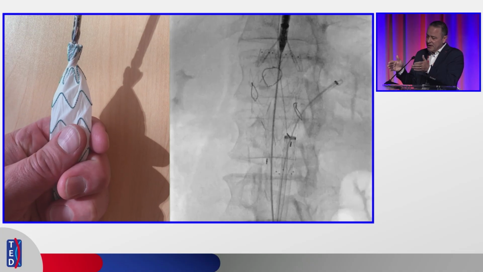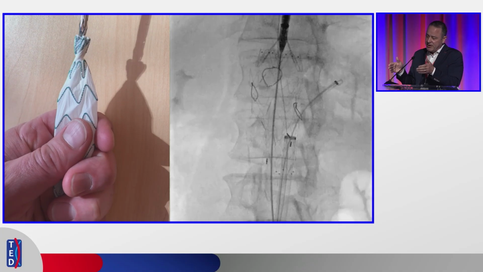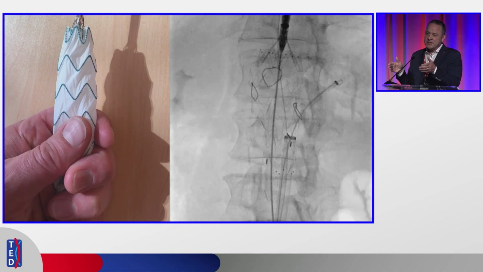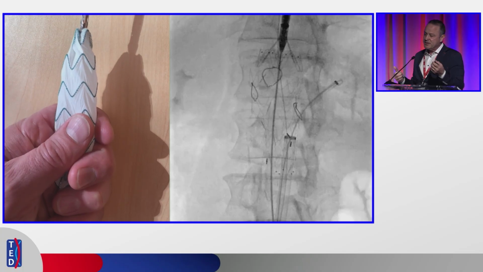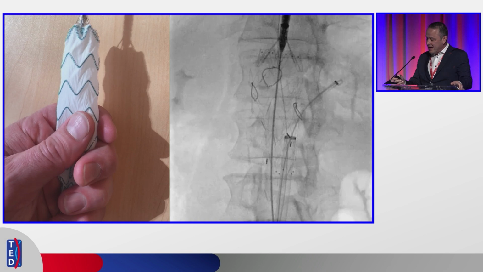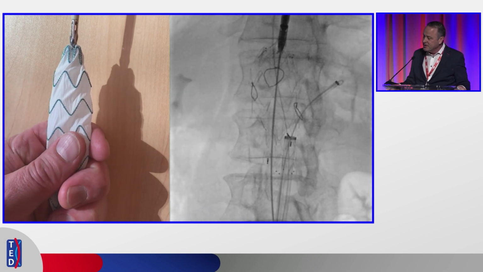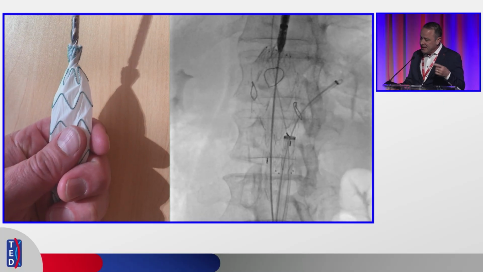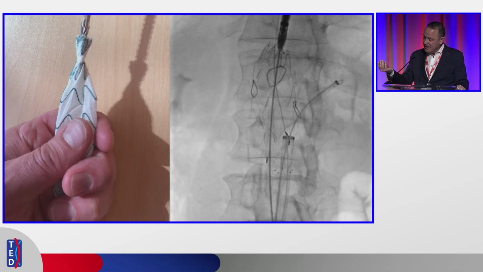This is a unique feature of the Treo endograft. What I'm demonstrating on the left is 2 points of fixation in the distal graft. All I'm doing is twisting the delivery system, and the advantage is that it allows the graft to collapse. Now look at what happens in situ. This is a 3-vessel fenestrated case where we were having difficulty cannulating the right renal artery, so we collapsed the graft.